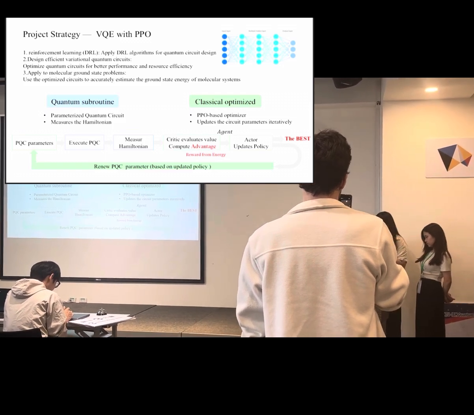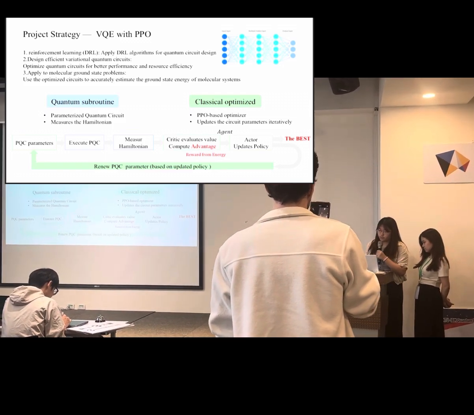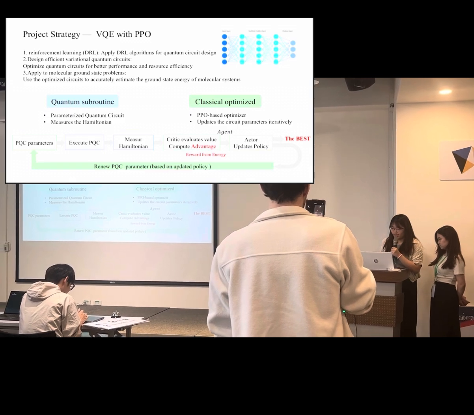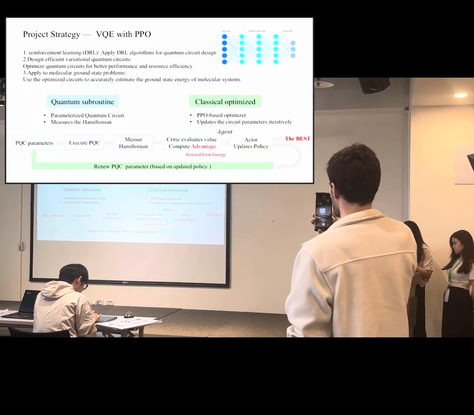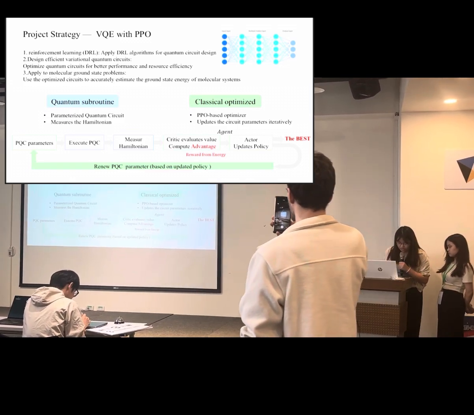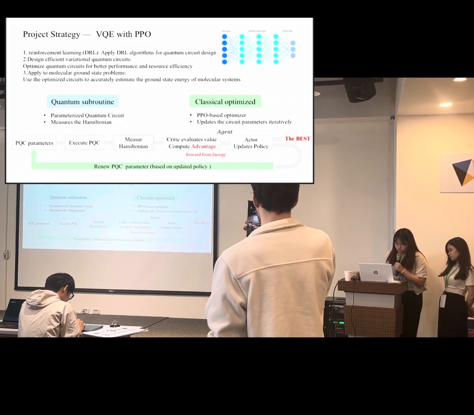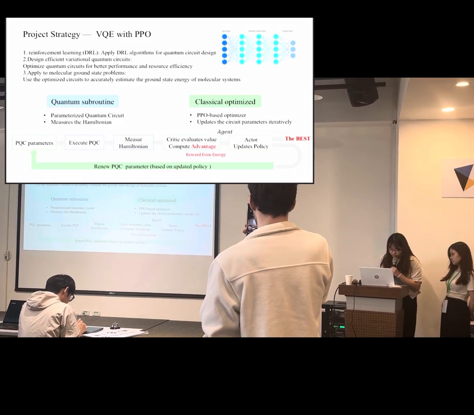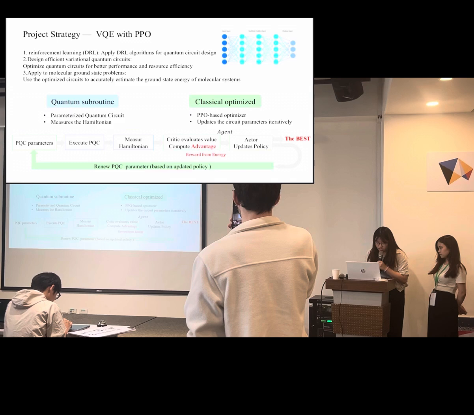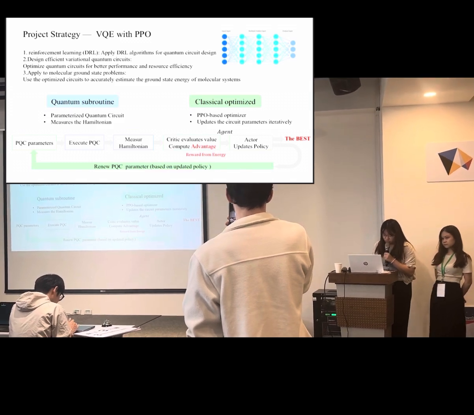After this, we renew the PQC and go through this loop again to optimize our answer. Through this closed-loop workflow, we eventually find PQC parameters that best estimate the molecular ground state.